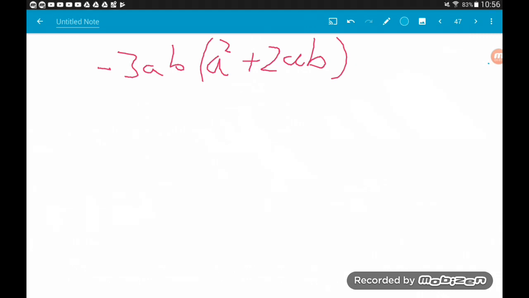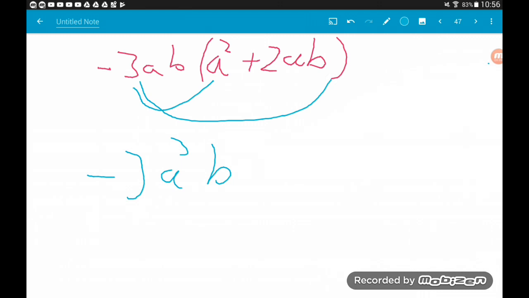Question 2, we want to do minus 3ab times a squared plus 2ab. So, again, if you like to use the table, use the table. I'm not going to; use whichever method you find easiest. We only need to do 2 multiplications here. Minus 3ab times a squared is going to give us minus 3a cubed b, and then minus 3ab times 2ab.